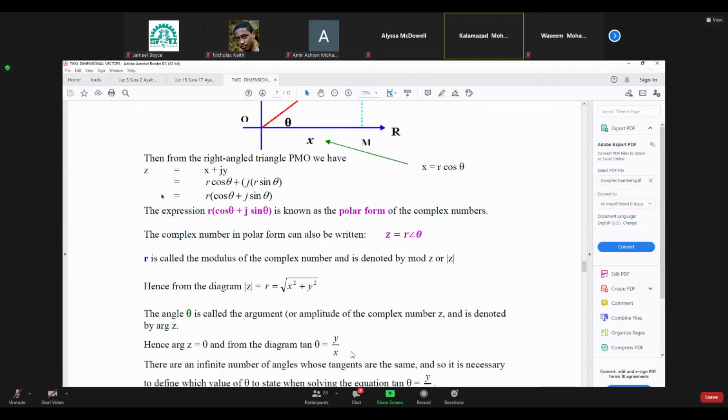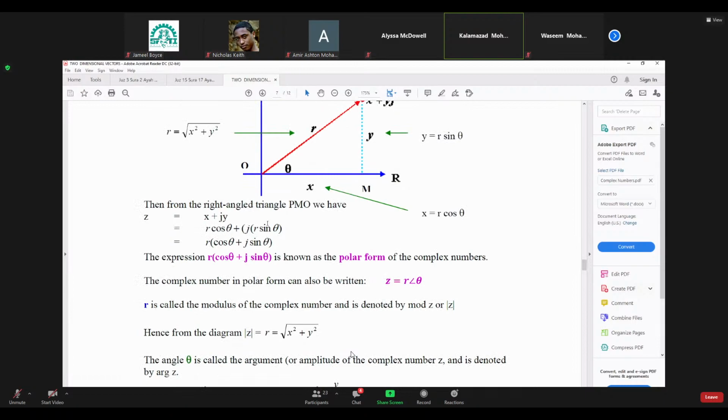Okay, let's see if you can figure this out before we move any further. We're given a complex number z equals x plus jy. This is the Cartesian or rectangular form. To convert it to polar form, we work out r and then we work out theta.